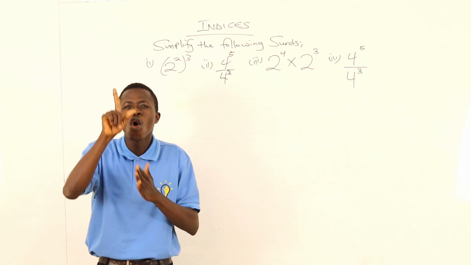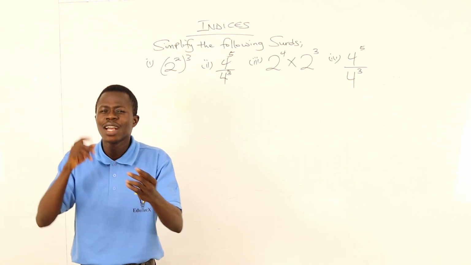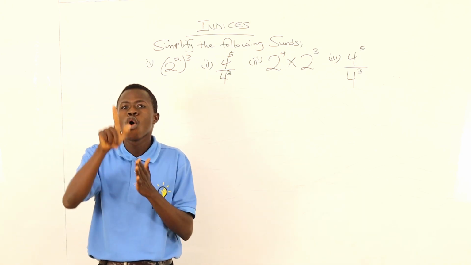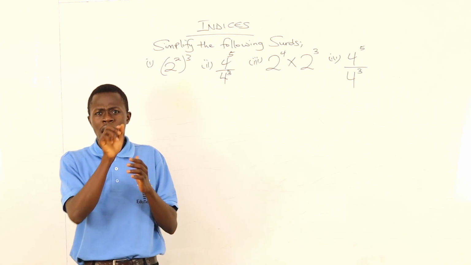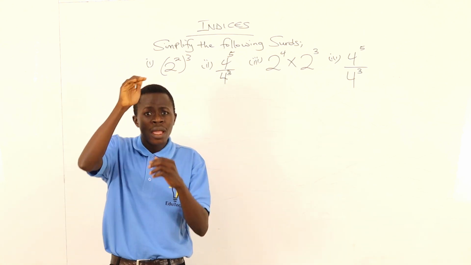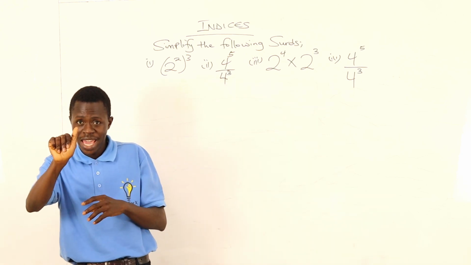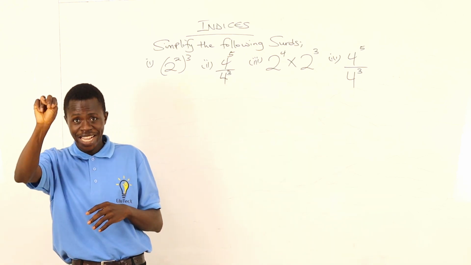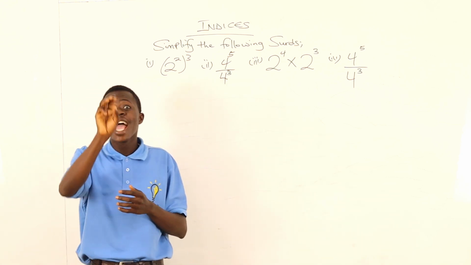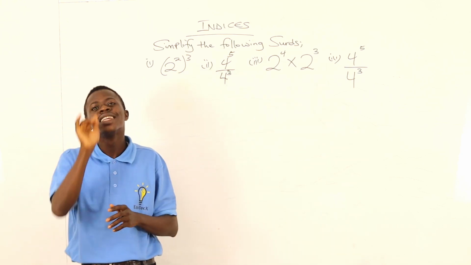The first one, law 1, says when A is raised to the power m and is multiplied by A raised to the power n, it is equal to A to the power m plus n.